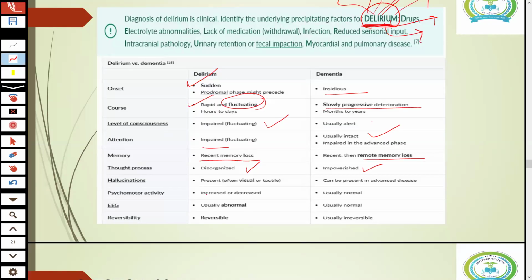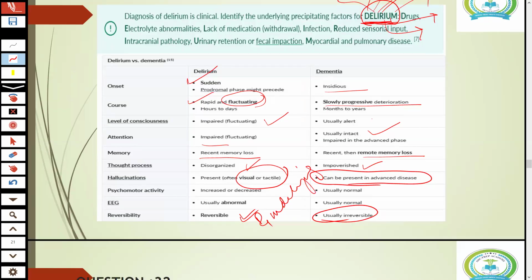Hallucinations, often visual or tactile, are a feature of delirium, but in dementia there are no hallucinations until it becomes an advanced disease. And the most important thing: delirium is reversible. Treat the underlying cause and it will be fine. But dementia is usually irreversible.